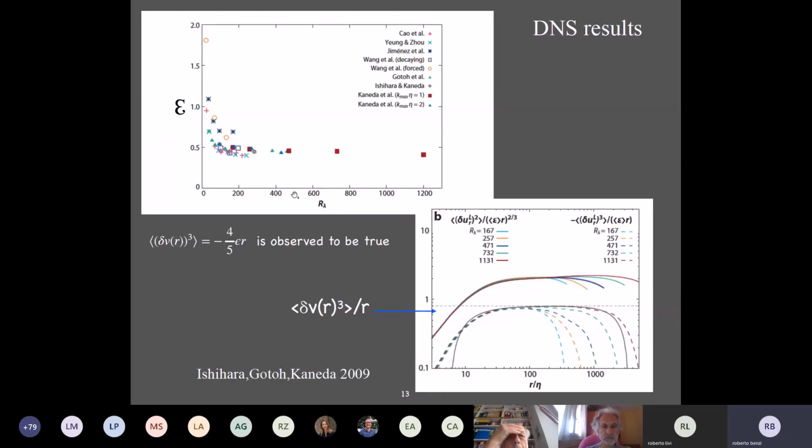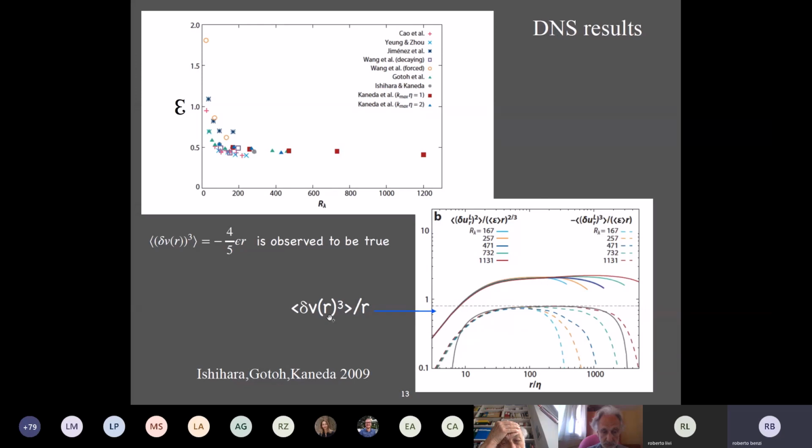You see that the energy dissipation is very well constant with respect to the Reynolds number, which is the square of this quantity, here about 10 to the 4. And the prediction of the Kolmogorov theory, the exact equation, which is this dashed line here, is extremely well verified in the numerical simulation as well as in the experiments.